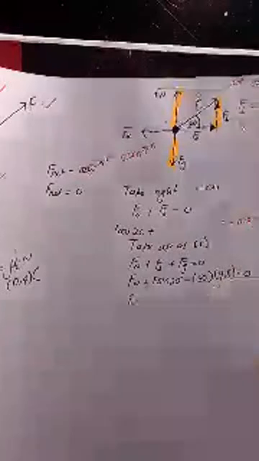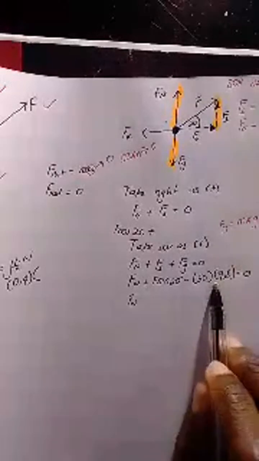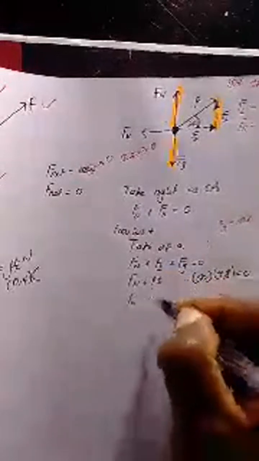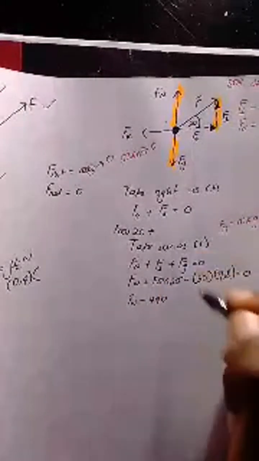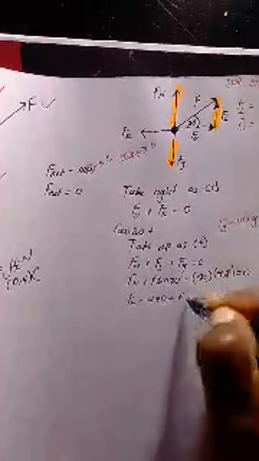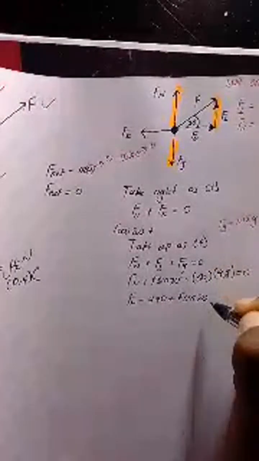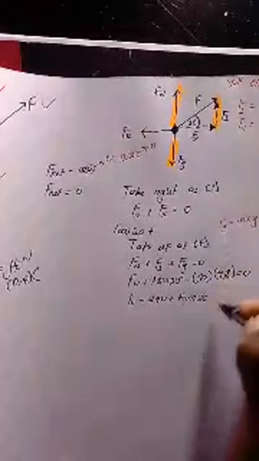So Fn minus 50 times 9.8. Minus 50 times 9.8 is minus 490. And then we have plus F sine 20, which is equal to 0.